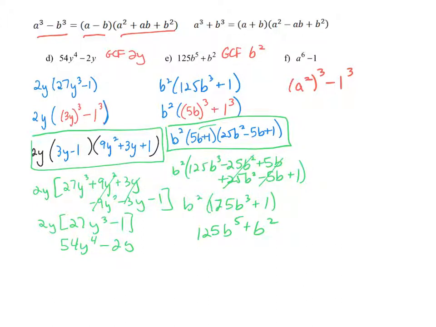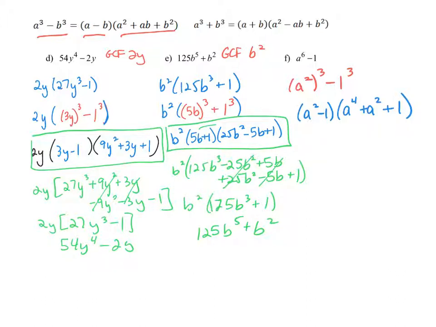And my factors are a squared minus 1, and then the other factor is going to be this first term squared, so we get a to the fourth, plus a times b, so it's going to be plus a squared, and then plus b squared, so it's going to be plus 1.